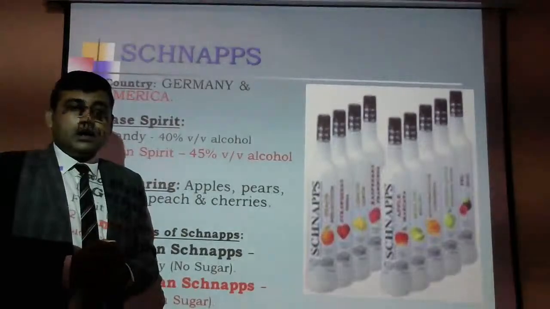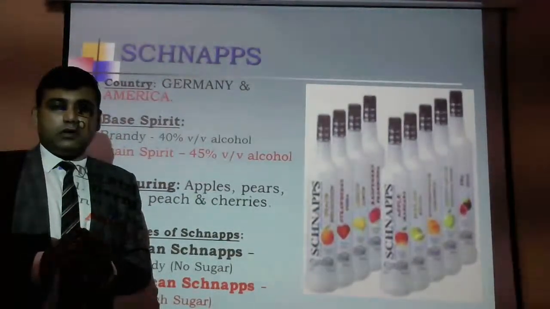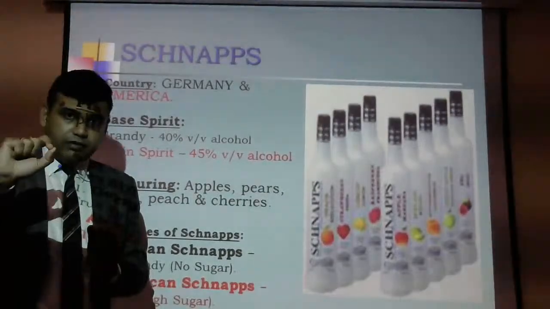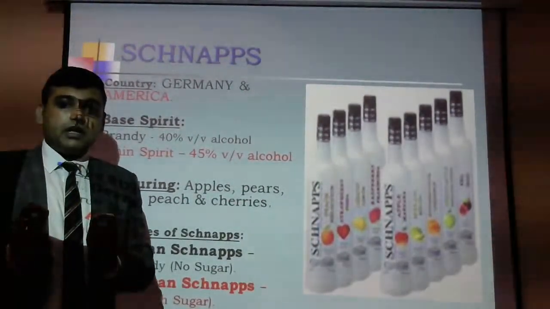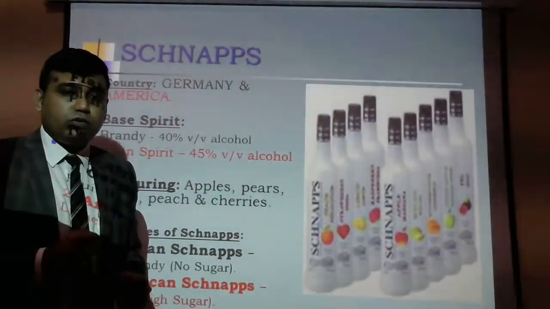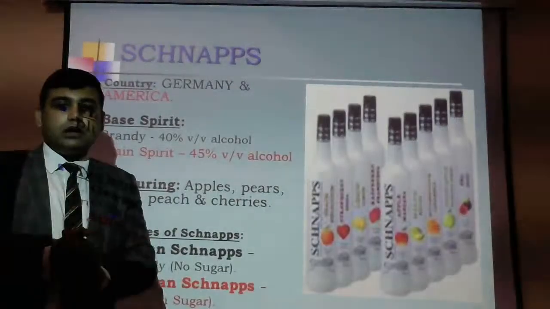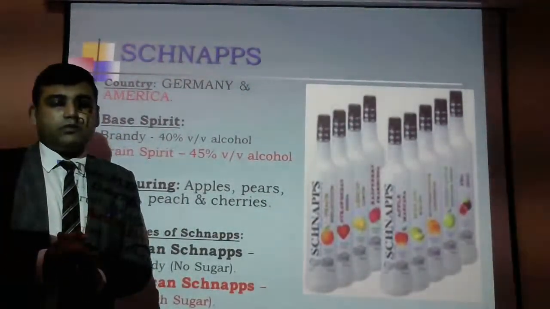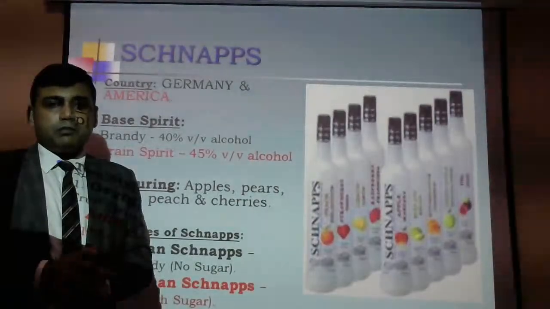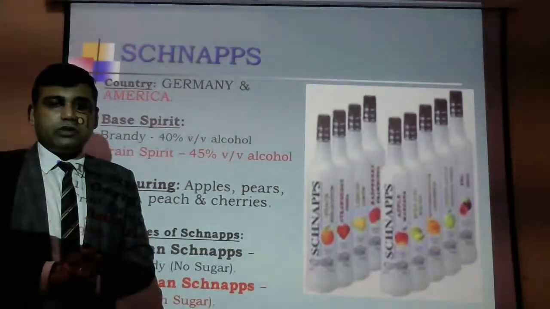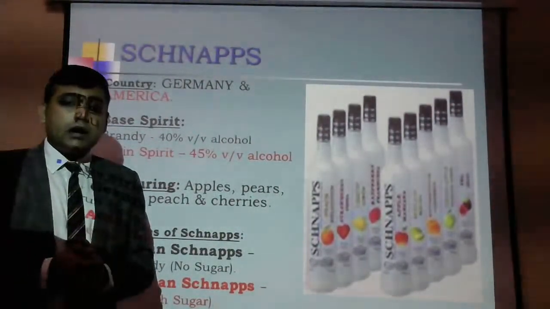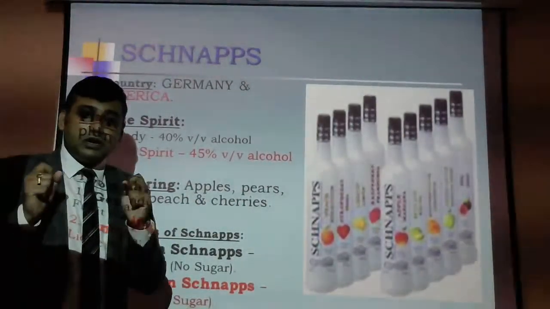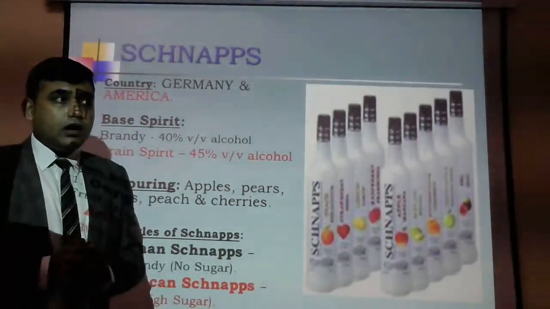The grain brandies in Germany are higher, but the fruit brandies are between 17 to 20%, whereas American snaps, as we call them, are a minimum of 40% alcohol, and you make a very popular cocktail out of the snaps, that is Bellini.